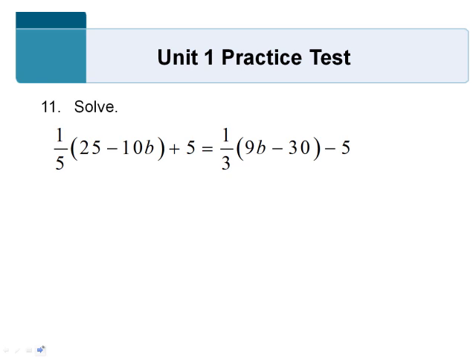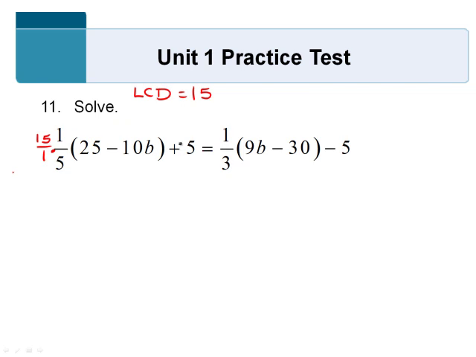Okay, so what we're going to do is I'm going to find the common denominator of 5 and 3 because those are my two denominators, and that would be 15. I have a feeling that I may run out of room on this problem. We will see. So what you have to see is that on the left, I'm going to squish it up here so that I have enough room. I'm going to put 15 over 1, and it's going to get multiplied by that whole first term, the 1/5, 25 minus 10b.